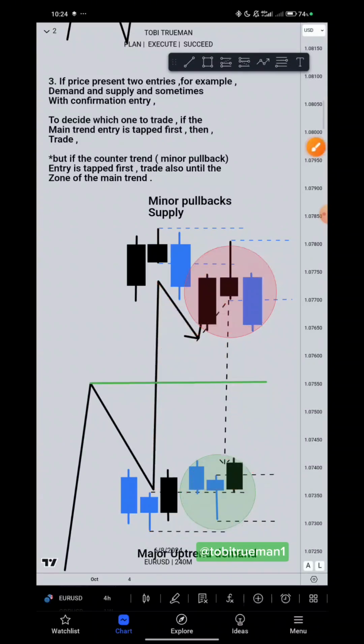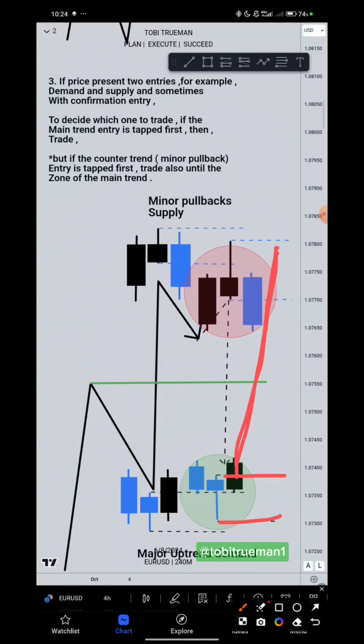When we take our signal from this major demand zone, we'll take our signal for a buy. If our entry meets this particular signal, it is going to fail it. It's going to go through it. Why? Because we are moving with the major trend.